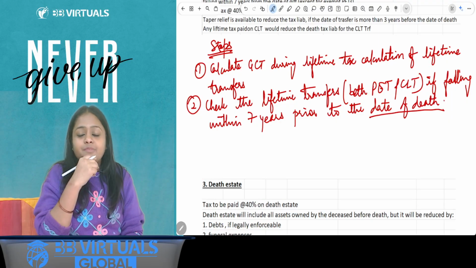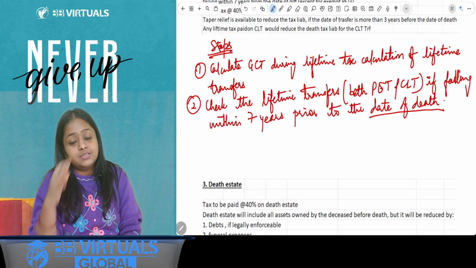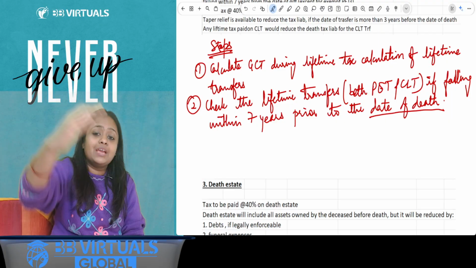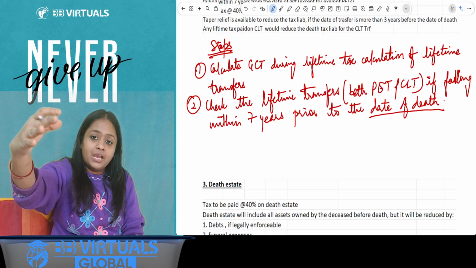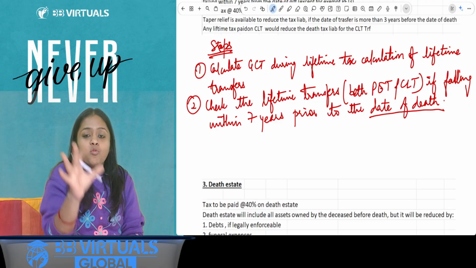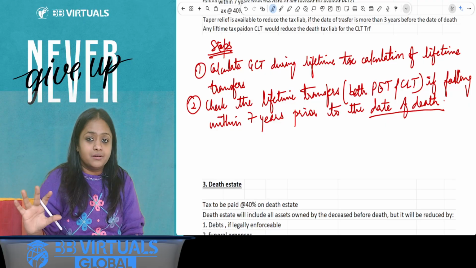So either you see from the date of gift, within 7 years is the death falling, or you go back, because from date of gift you will take forward 7 years, but from date of death you will take backward 7 years and see in the previous 7 years what all gifts are falling in that period.